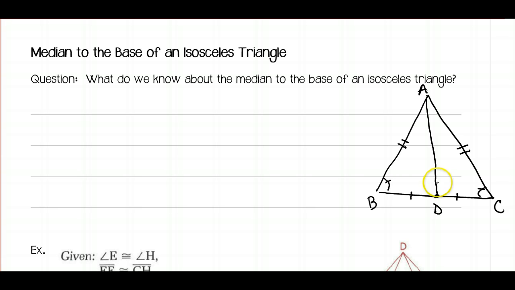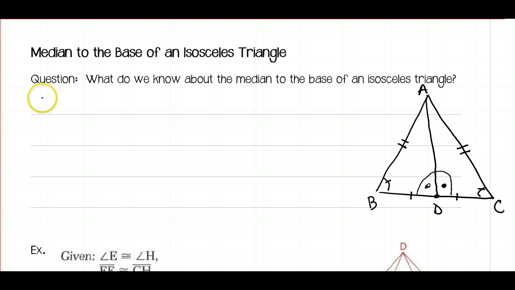And if you're thinking ahead, we could see that these two angles are going to be congruent. And we can see that these two angles also make 180-degree angles. So if I have two angles that add up to a 180-degree angle and they're congruent, we know they have to be a right angle, which means that this median would also have to be an altitude.